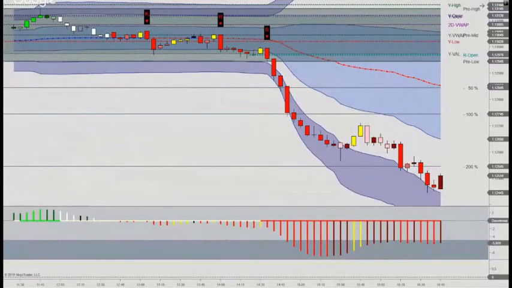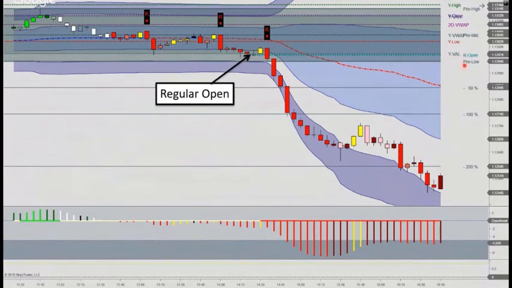This is the same setup with the zero lag oscillator and the VWAP added to the chart. So after the regular open, we see a retracement signal plotting just as the price action is breaking out from the prior day value area low. And we also see that price moves from inside the current value area here.